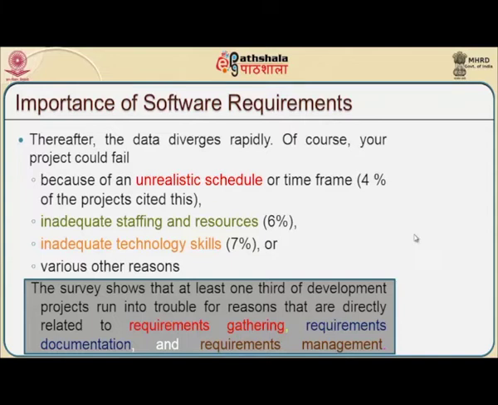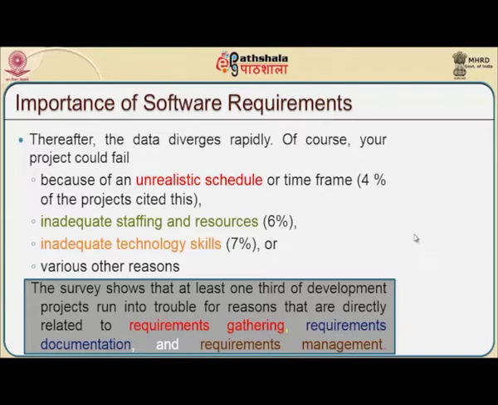Because of unrealistic schedule or time frame, 4% of the projects cited this as leading to failure. Inadequate staffing and resources, because I haven't planned for the change of requirements and modification of specifications, because of which the staff and the infrastructure that is to be developed may not be planned. So, because of that, projects might fail.